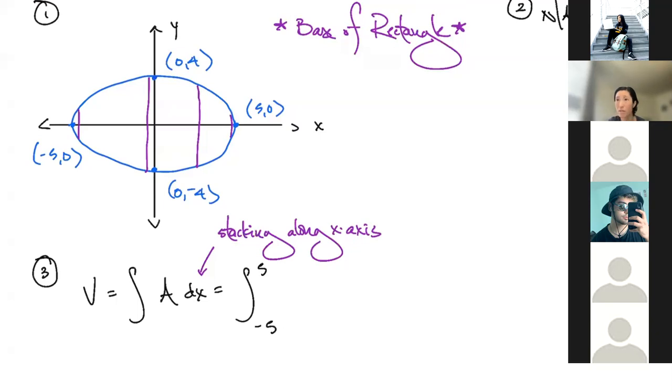Now let's figure out the area formula for a rectangle. What's the area formula for a rectangle? Base times height, great. So we could write base times height dx.